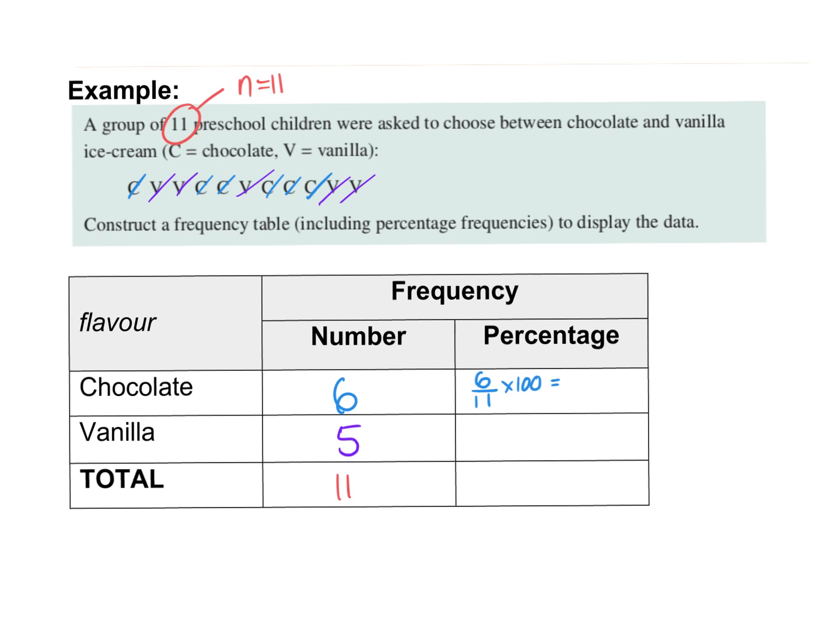You can do all of that on your calculators. What does that one equal? I'm going to guess 55%. We're going to round. Then if you do the next one, 5 over 11 times 100, it's going to equal 45, because what should they both add up to? 100. Yeah, awesome, 100. So that's how we do that.